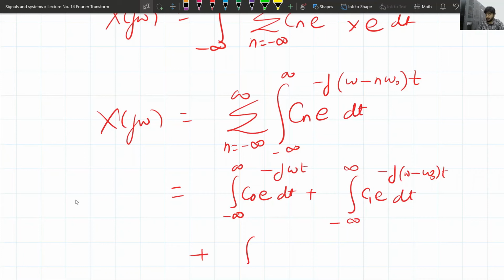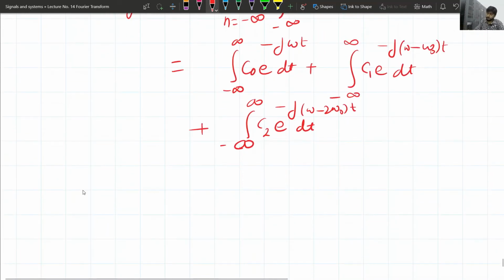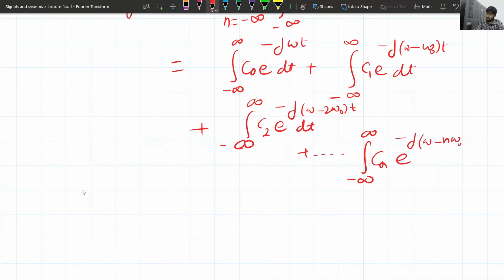Similarly, integral of C2 e to the power minus j (omega minus 2 omega naught) t dt, and so on. Let's generalize it for the nth harmonic as Cn e to the power minus j (omega minus n omega naught) t dt. So this will be the Fourier transform for periodic signals.